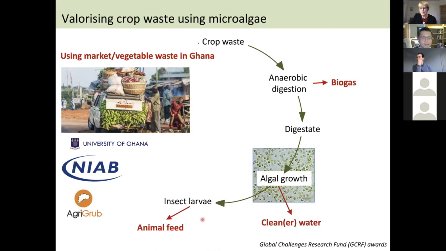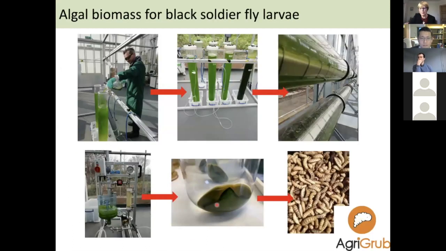And these insect larvae are shown here. So these are black soldier fly larvae, and Agrigub are experienced in growing them. And normally these larvae are fed on orange waste, and a few other nutrients.